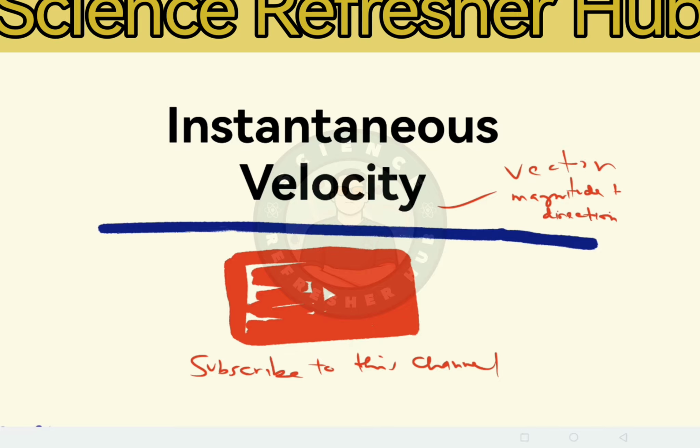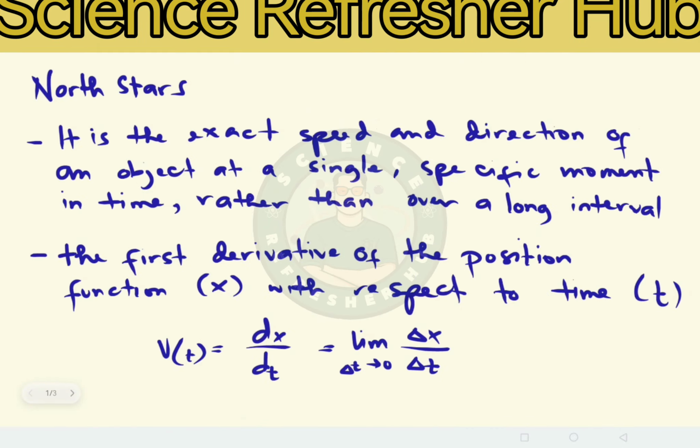So let's define what is instantaneous velocity. Here are the North Stars in knowing what an instantaneous velocity is. We will agree that we will be using the symbol V sub inst to represent instantaneous velocity or instant velocity.